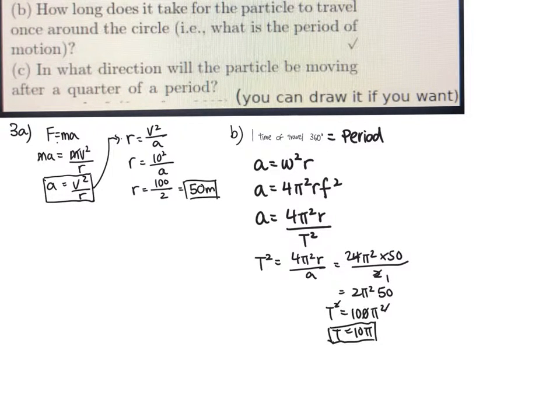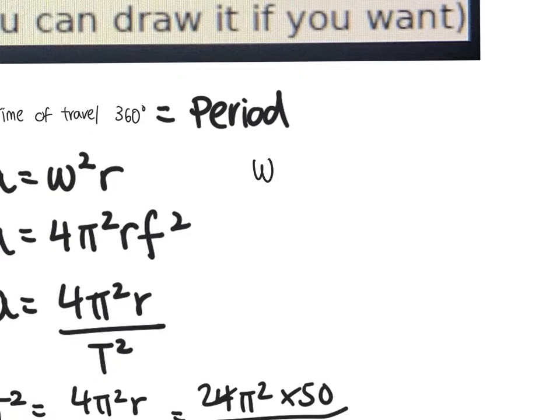Omega itself equals 2 pi f. That's how we got this 4 pi squared and f squared, because if I square this term, that's going to be 4, square this term, that's a pi squared, square that term, that's an f squared.